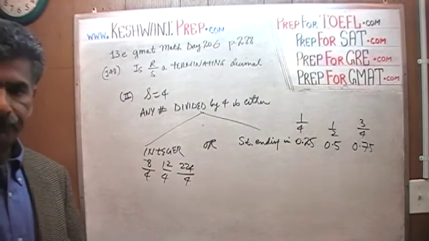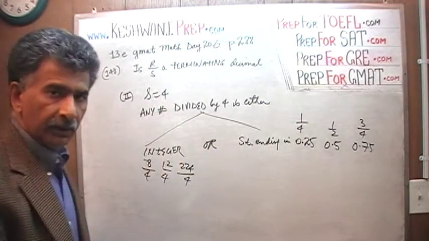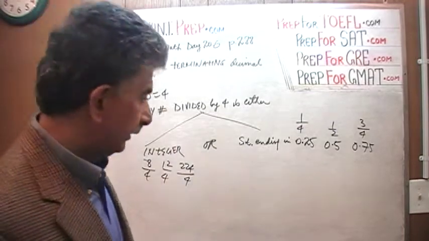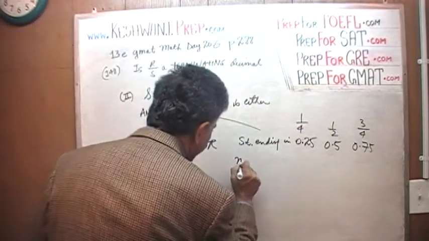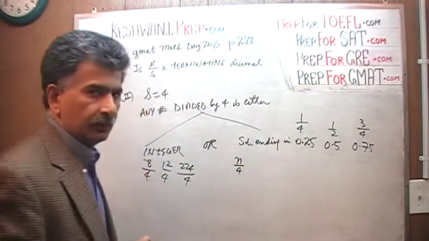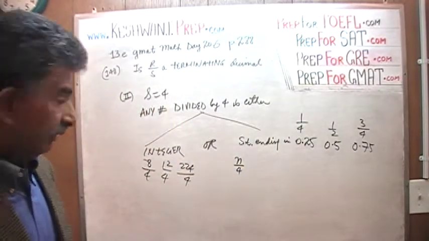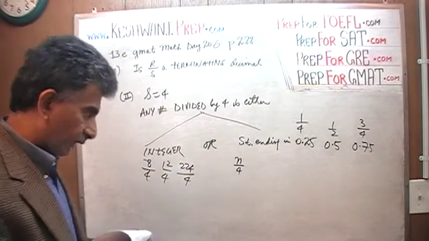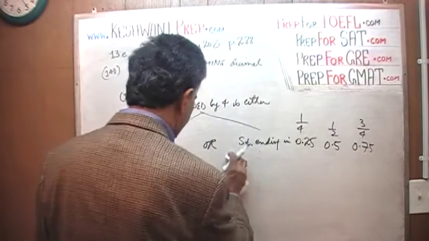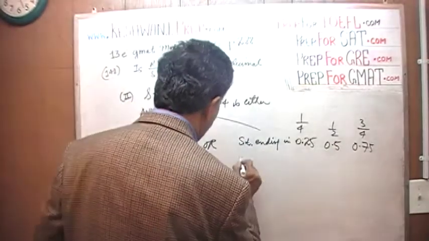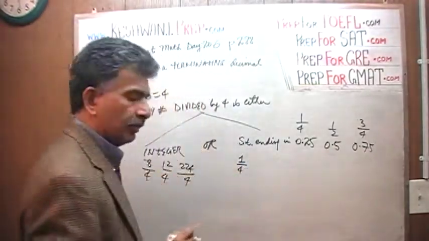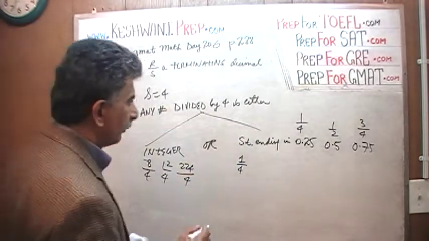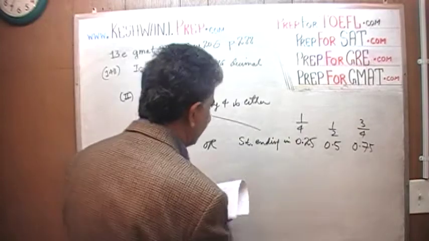Let's understand why. It doesn't matter what we put on the top. Let's divide any number by 4. If it's a multiple of 4, it's going to be an integer. Let's assume that it's not a multiple of 4. For example, let's keep it simple here. 1 over 4 will end in 0.25.